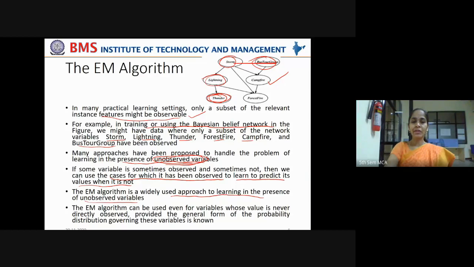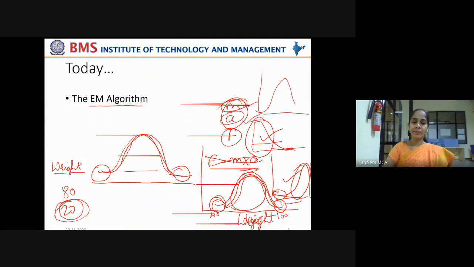Now, the expectation maximization algorithm can be used even for variables whose values are never directly observed. Sometimes, in some extreme cases, say some of the variables' data is not at all observed, the data is not at all captured. Then also you can use this EM algorithm, provided the general form of the probability distribution governing these variables is known.